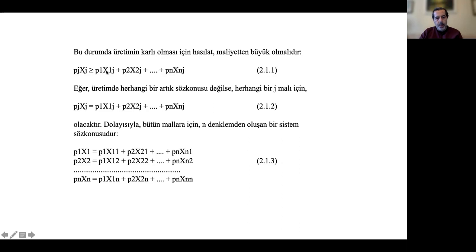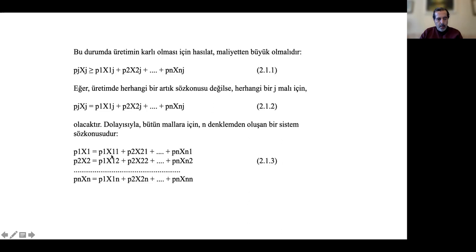X1j means the input that is produced in the j sector and used in the first sector. No, I'm sorry, I said it wrong. If you look at this, this formulation is more correct.